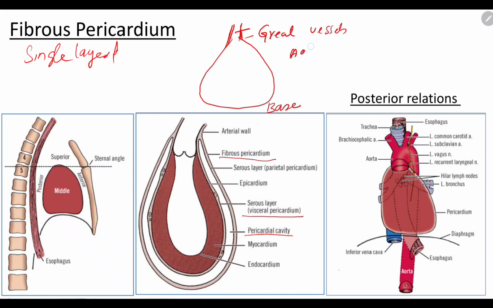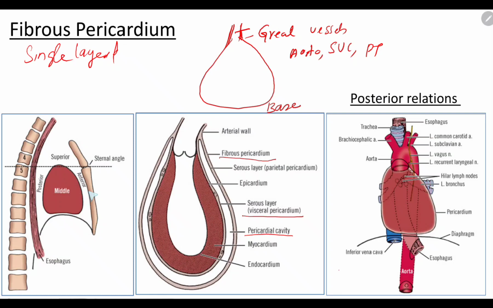We have the aorta, superior vena cava, pulmonary trunk, all these vessels you can see here, and at the apex this fibrous pericardium blends with the root of great vessels.